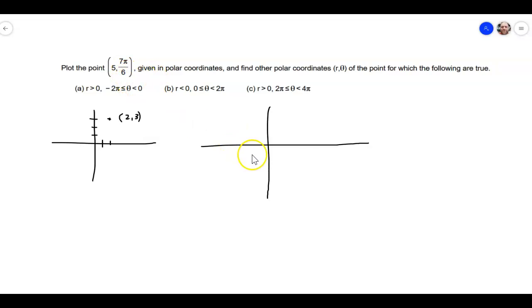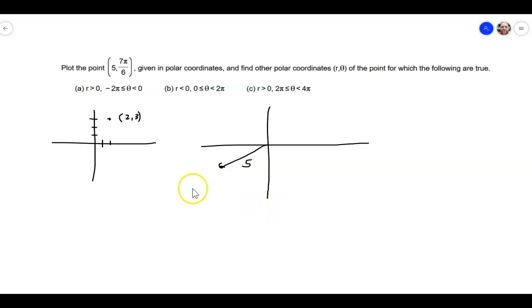So let's go ahead and plot that point. 6 pi over 6 would be pointing due west, right to the left. So 7 pi over 6 is another 30 degrees around. So we're looking at something that's going to look probably something like this. This distance here is going to be 5, because that's our radius, and then we have a point right here.